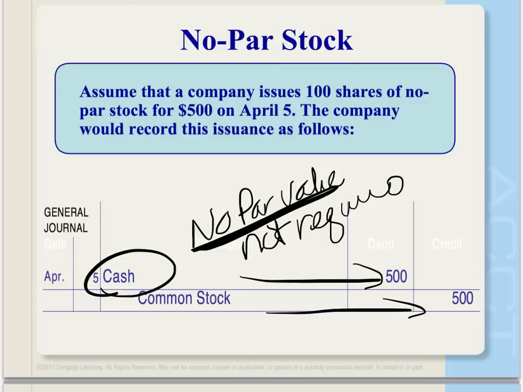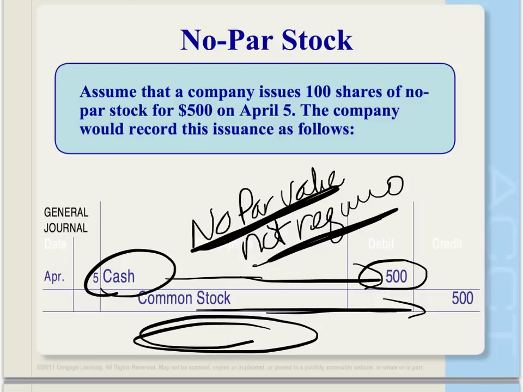We would debit cash for the $500 and credit common stock. You see, we don't have any APIC and we don't have any par value. This is only if we reside in a state or incorporate in a state where they do not require a par value.